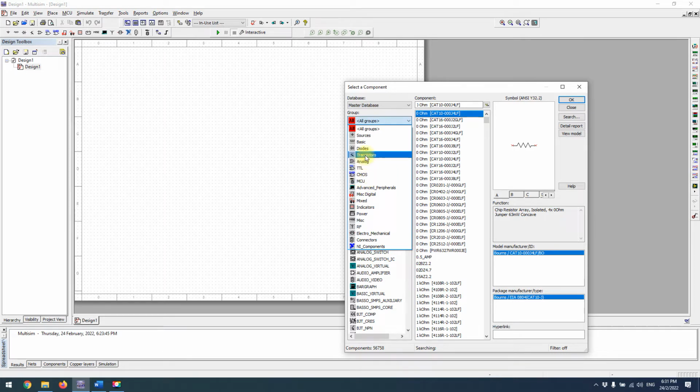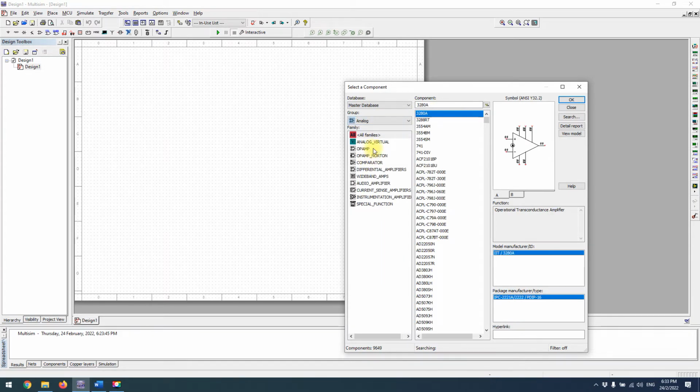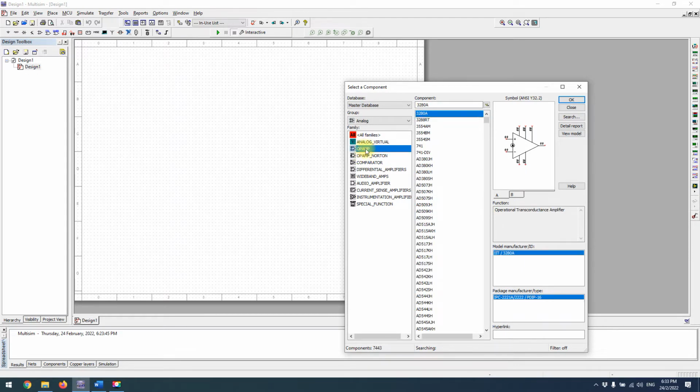Okay, so what are you going to be looking for? We're going to be looking for basics, right? Okay, sorry, not basics. Let's go to the analog, right? So there you go. You can see there are a few types, but we're going to go for op-amp.